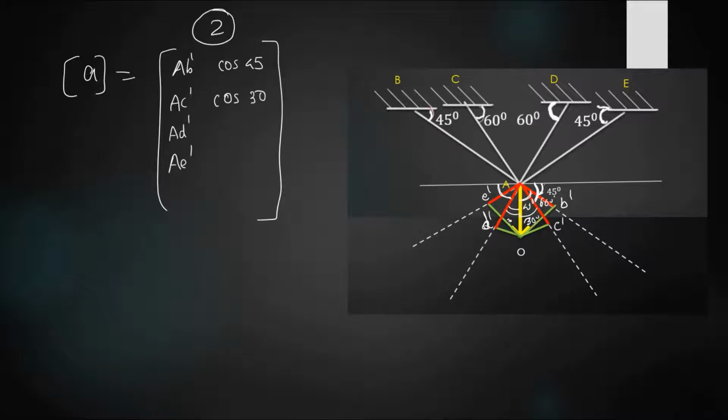So the rest angle will be 30 degree. So AD dash will be cos 30. And E dash, this triangle OAE dash, the angle between these two is 45 degree. So AE dash will be cos 45. Okay. So these are the values of the displacement transformation matrix.